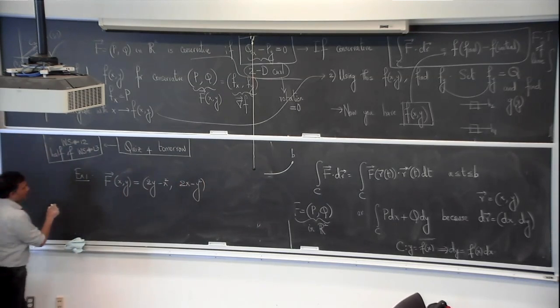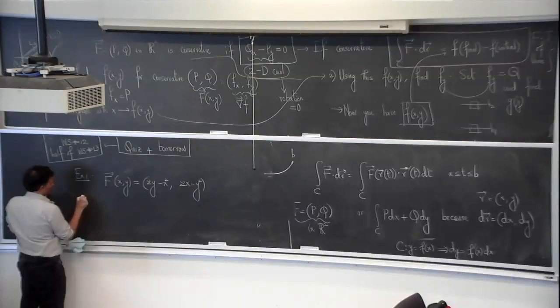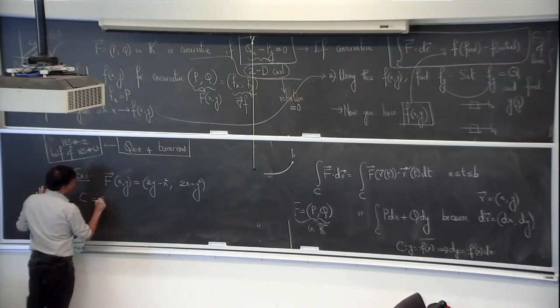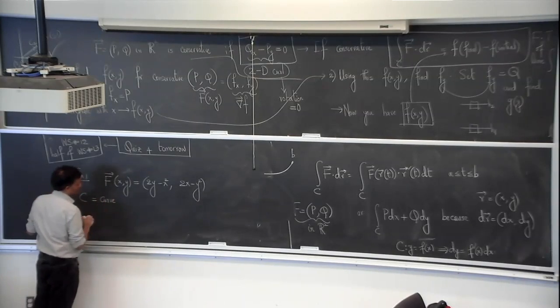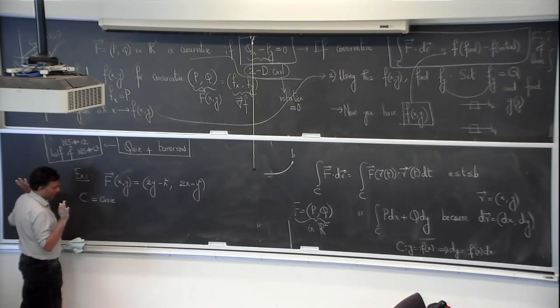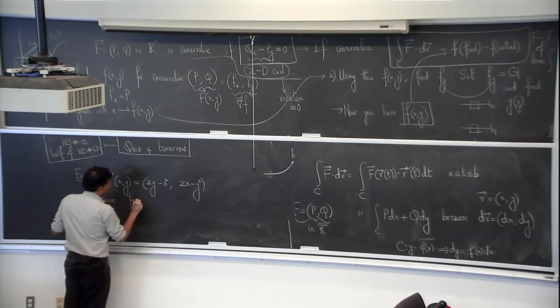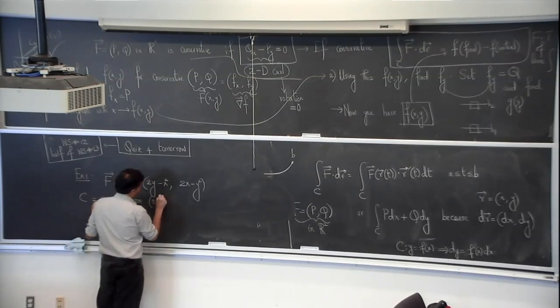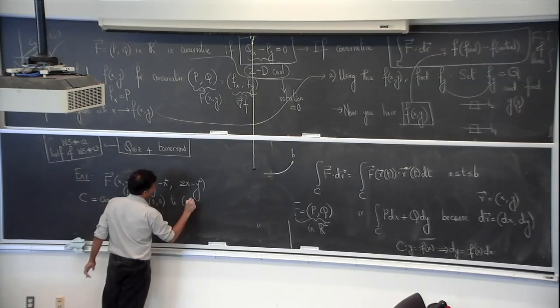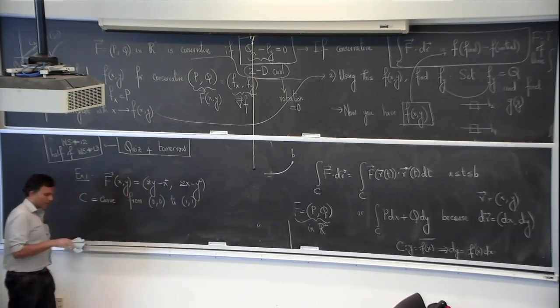And let C be a curve. I don't care what shape it is because I'm expecting a conservative vector field. It's a curve from (0, 0) to (1, 1). So it's oriented, starting there and ending there.